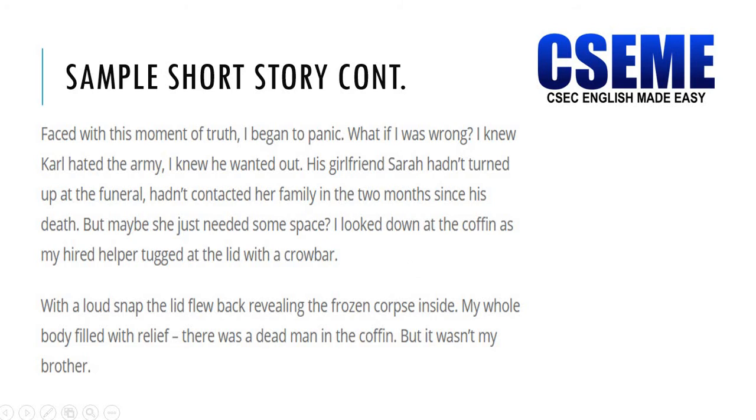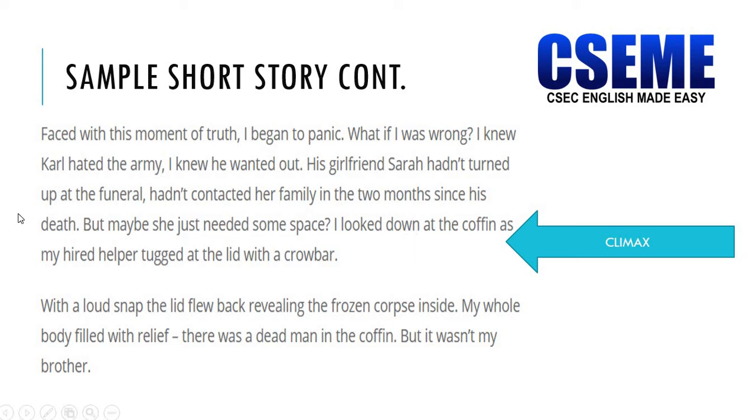Finally, we're going to be looking at climax and resolution. The climax of the story can be identified as the point in which the audience is not sure what is coming next. It is the highest point of action in the story.